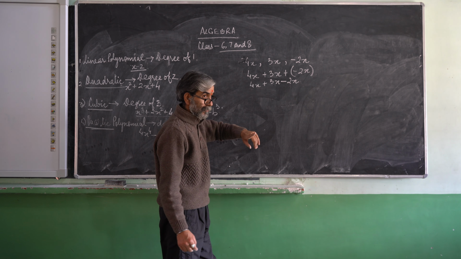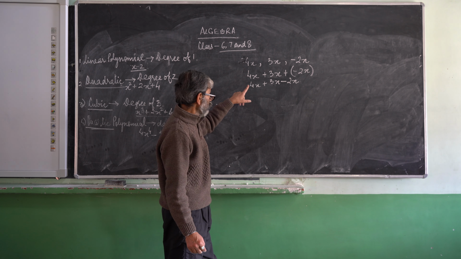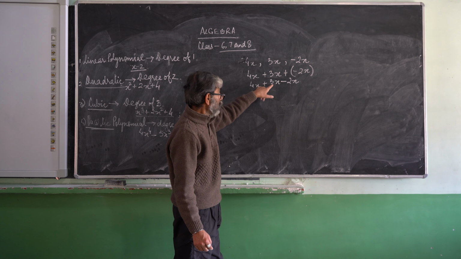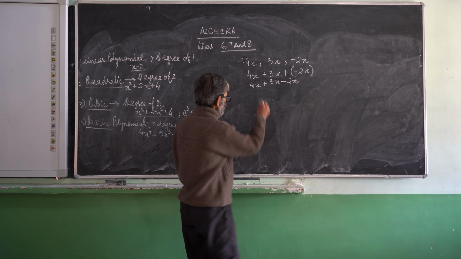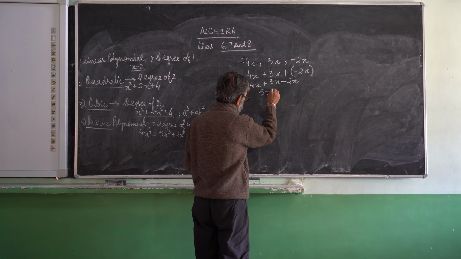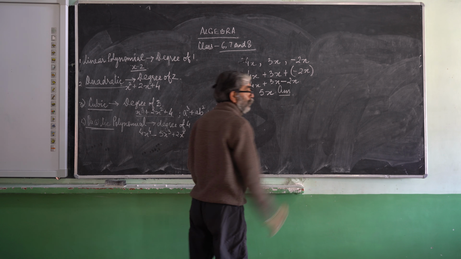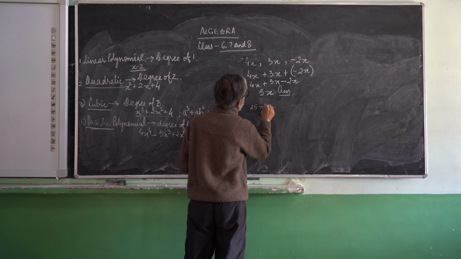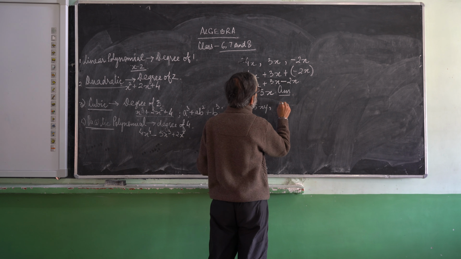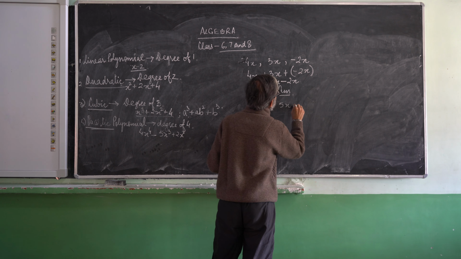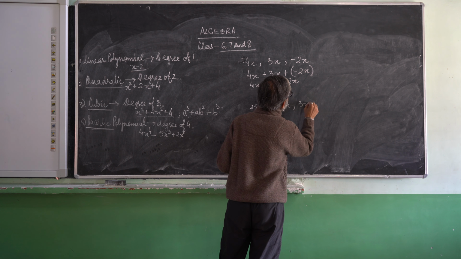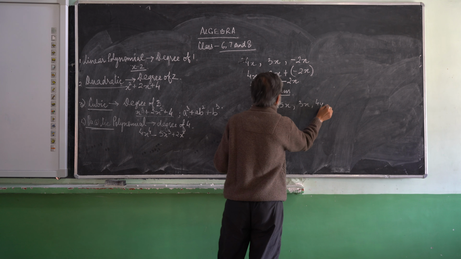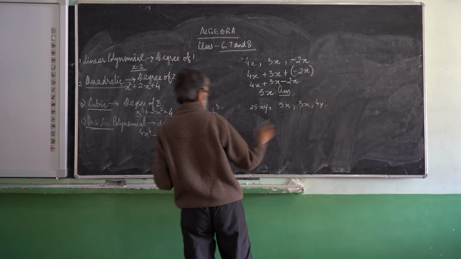First add the numerical coefficients. 4 plus 3 is 7, minus 2 is 5, and copy down the literal, that is 5x is the answer. Suppose we have to add 25xy, 5x, 3x, 4y.